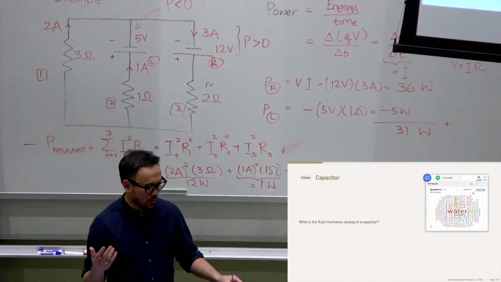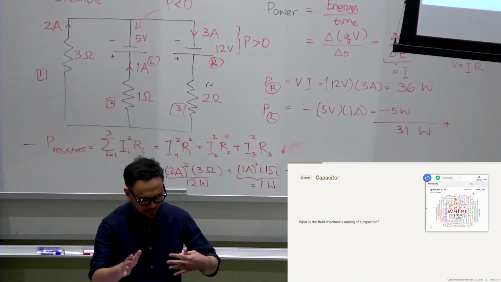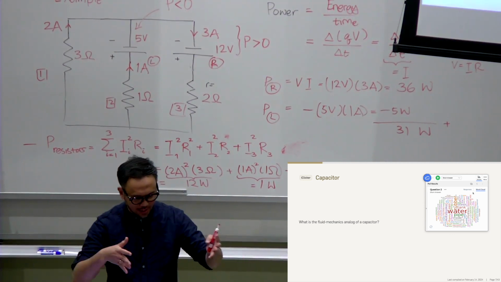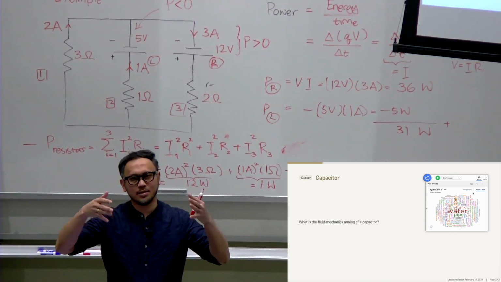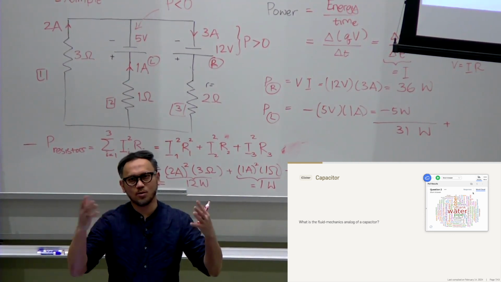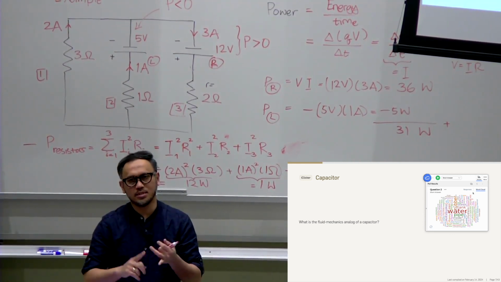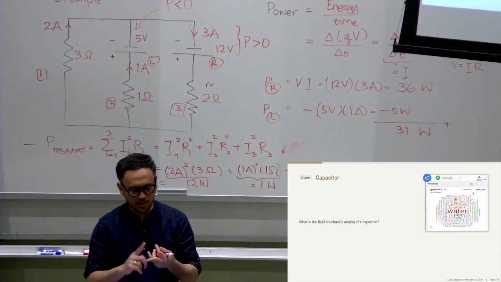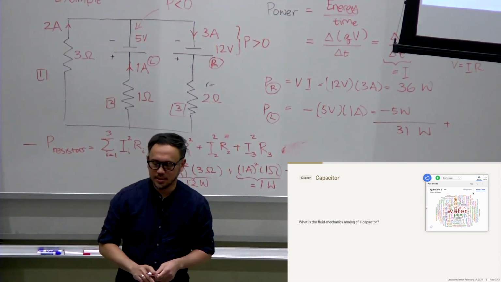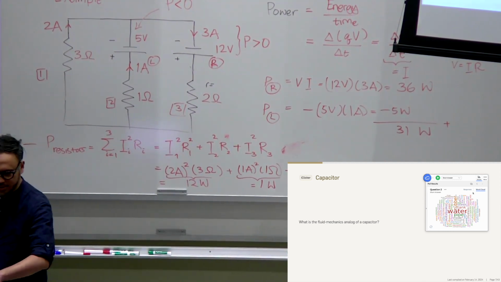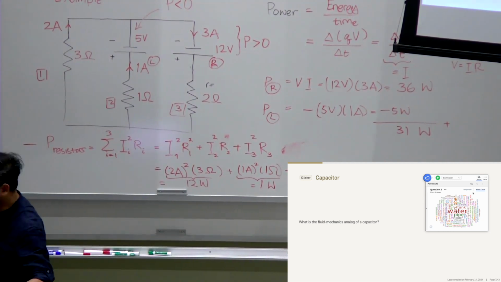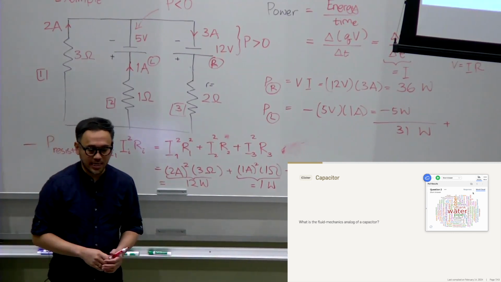Water tower. So a circuit is like a river, basically. That's a good analogy. So a circuit comprises or contains resistors, capacitors, and we will talk about inductors and batteries. For capacitors, the analog is water tower because capacitors store energy.